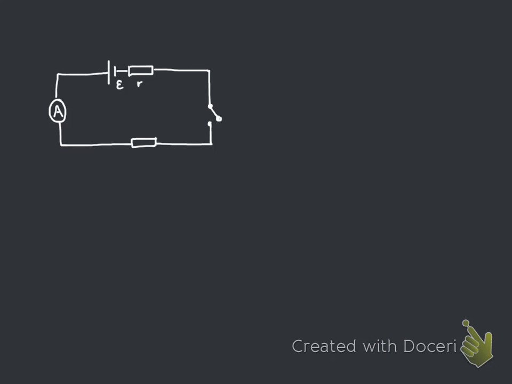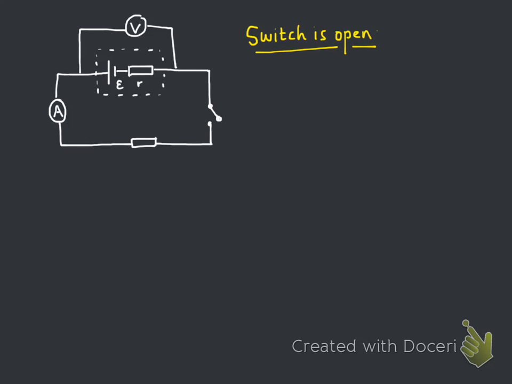So if we take an ordinary circuit, we've got a cell with a small little resistor indicating the internal resistance, and we can put a little dotted line around that to indicate that that refers to the battery. We have a switch, an open switch at the moment, a resistor in series, and an ammeter in series. We put a voltmeter over the battery, and let's start by considering this situation with the switch being open.